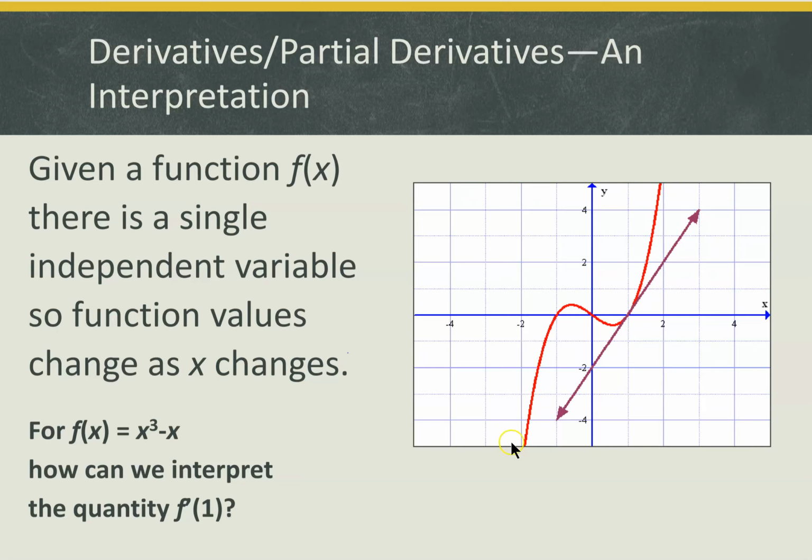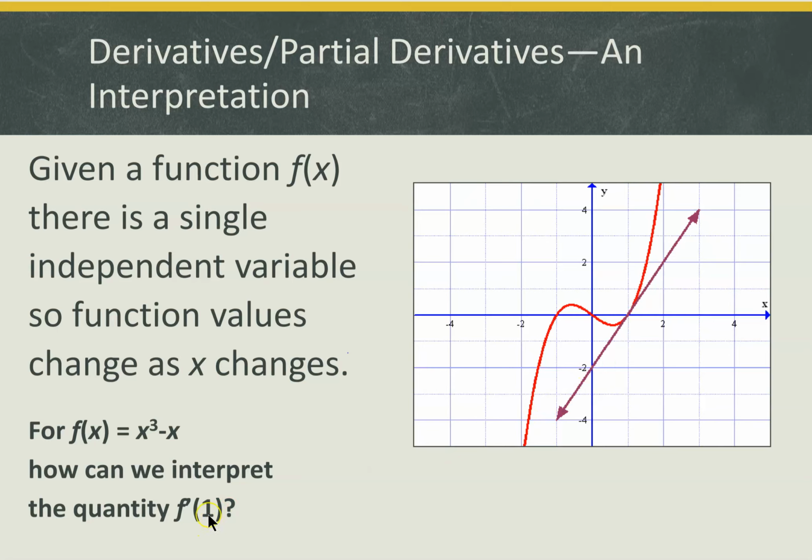So in this function, as I change the input x to the function, the corresponding output variables, or y variables, change. So, for example, if f of x equaled x cubed minus x, which is the graph of this function here, how might we interpret the quantity f prime at 1?